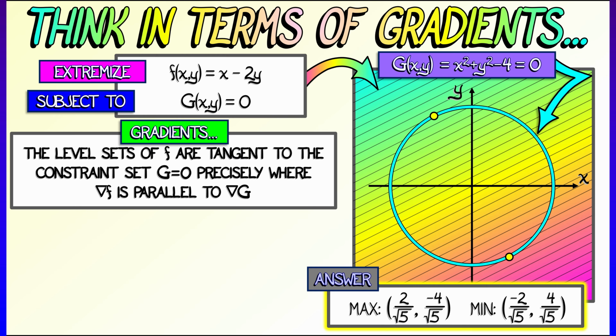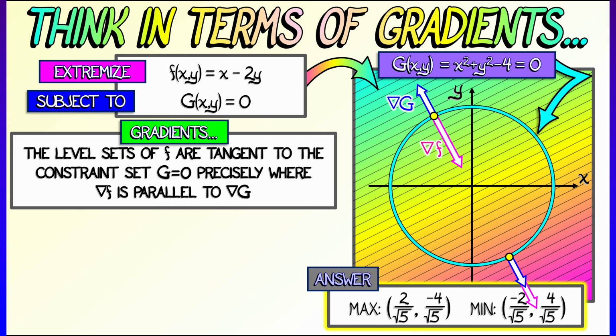So the level sets of f are going to be tangent to the level set of g, where g equals 0, exactly where the gradient of f and the gradient of g are parallel. They're not necessarily the same vector. They're not necessarily pointed in the same direction. Maybe they are, maybe they aren't, but they are going to be parallel because the gradients are orthogonal to the level sets. So tangent level sets means parallel gradient vectors between f and g.